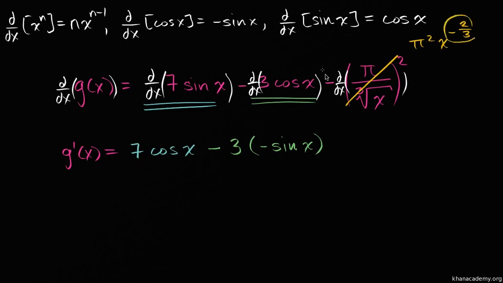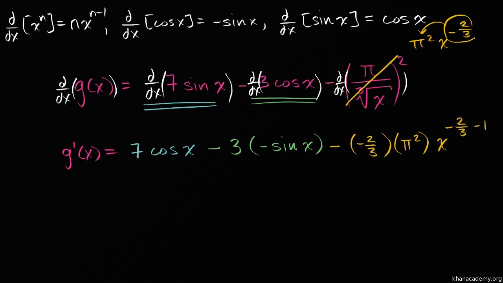Actually, let's not forget this minus sign. I'm going to write it out here. So you have the negative 2/3. You multiply the exponent times the coefficient. It might look confusing, pi squared, but that's just a number. So it's going to be negative, and then you have negative 2/3 times pi squared times x to the negative 2/3 minus 1 power.